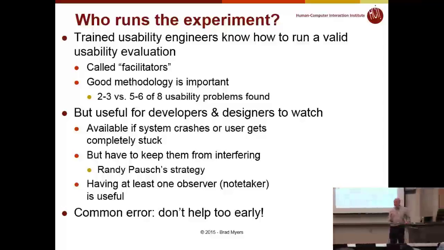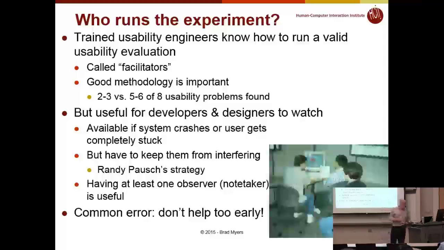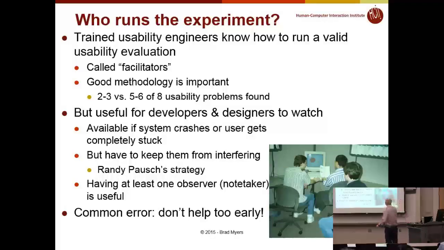But of course, if you have the engineers in the room, they have some ego invested in the system. They know how everything works. You want to make sure they don't help too quickly. So my colleague Randy Pausch had a really cute strategy where he would make the engineers sit in the second row and sit on their hands.